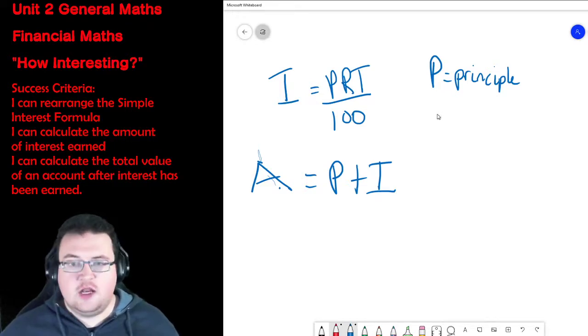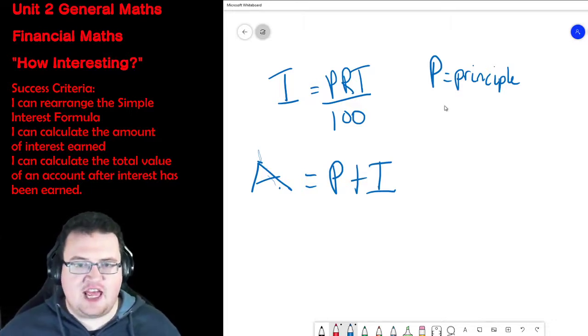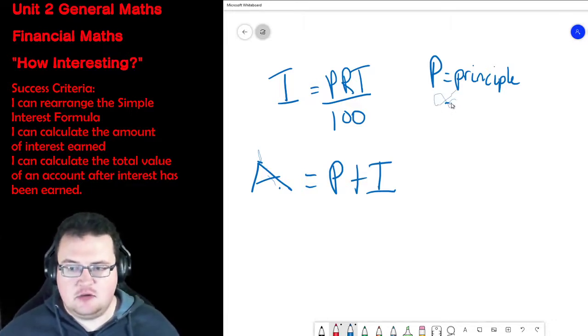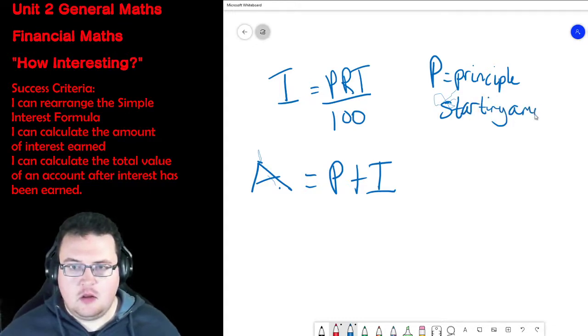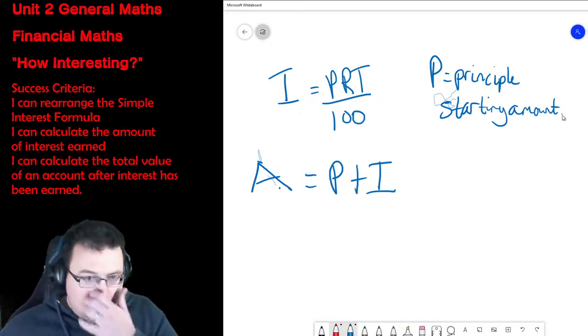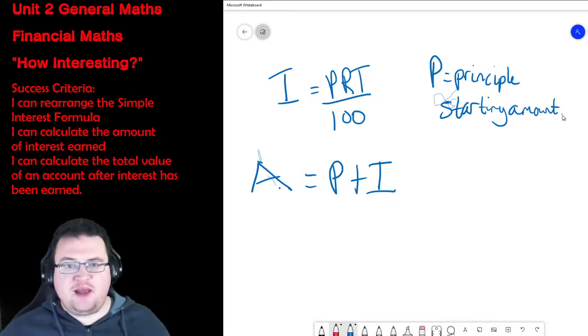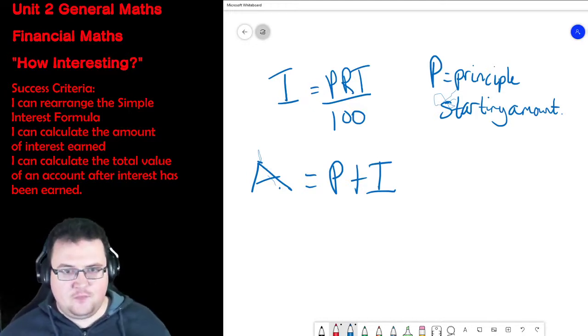If you can't, that's fine. So the principal is another fancy way of saying the starting amount. So the P for principal means the starting amount. So this is how much money you had at the start.